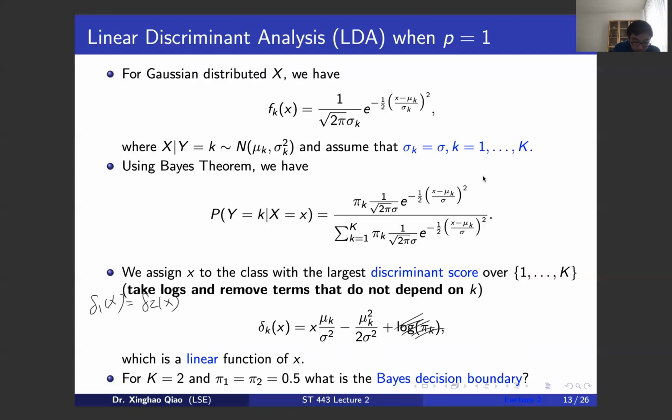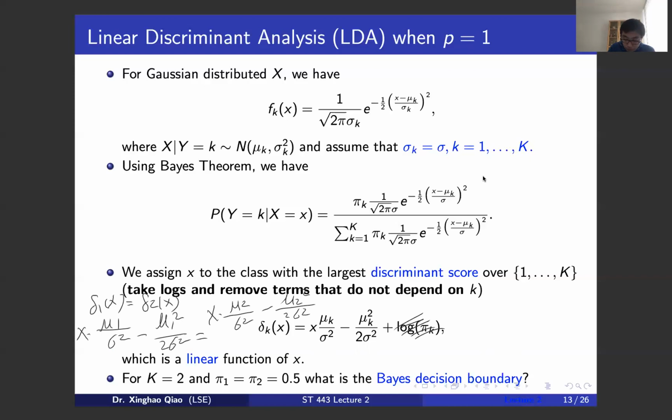This is equivalent to x times mu1 divided by sigma squared minus mu1 squared divided by 2 sigma squared being equal to x times mu2 divided by sigma squared minus mu2 squared divided by 2 sigma squared.